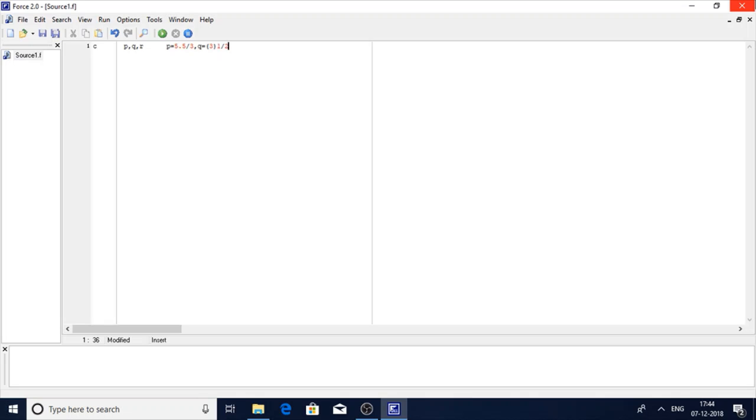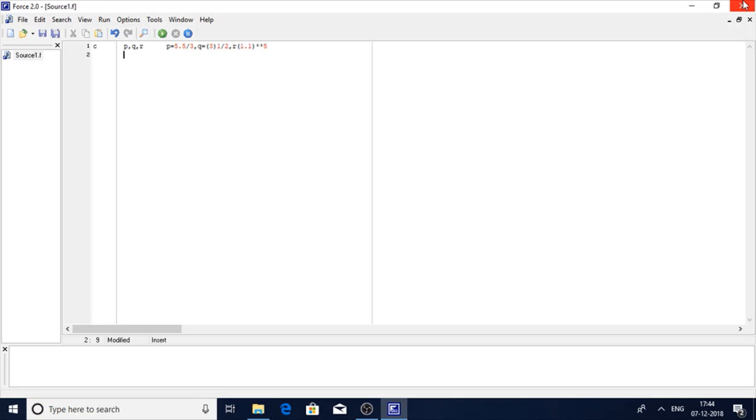And R is equal to 1.1 to the power 5. You have to use an if-else statement to check which one is greater and which one is less.